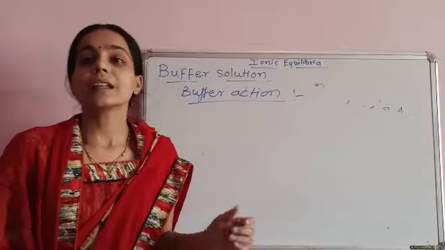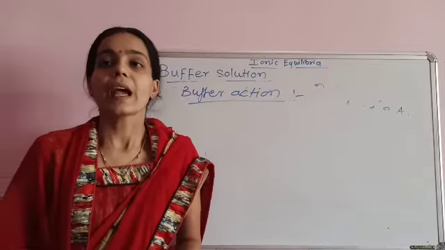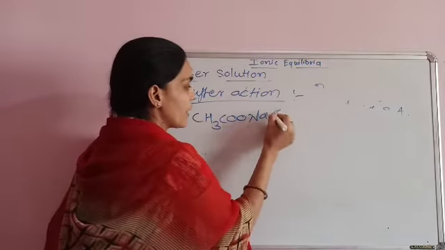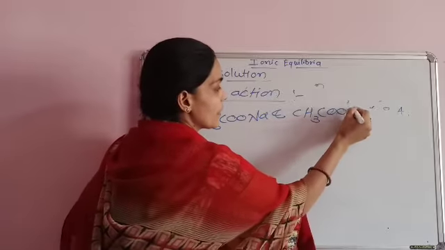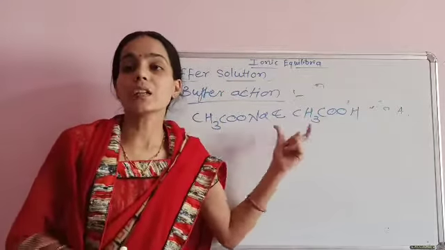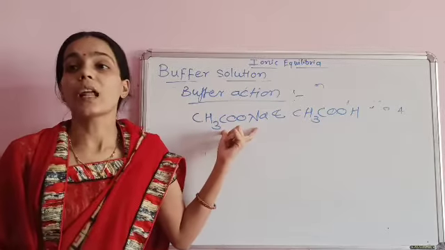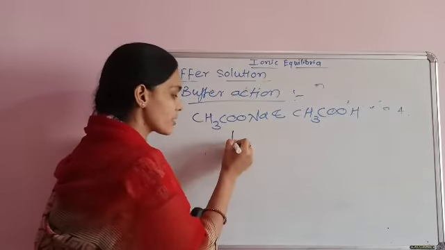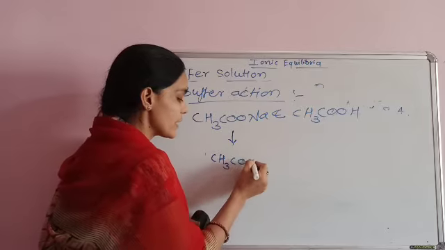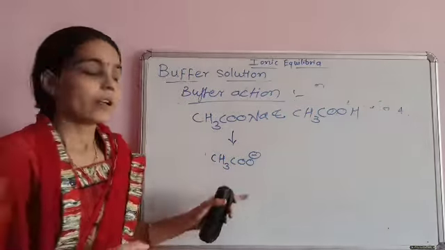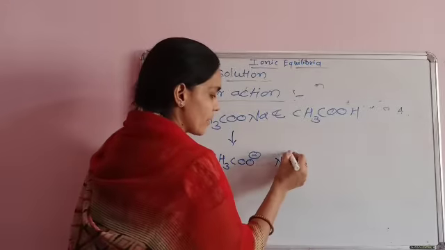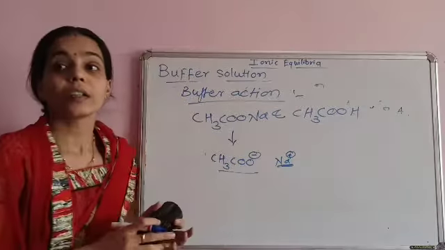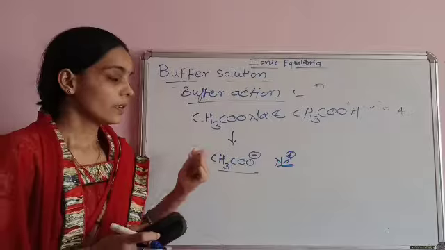Buffer action. Let us consider the sodium acetate and acetic acid buffer. Here sodium acetate is a strong electrolyte which dissociates completely in water, producing CH3COO minus ions and Na plus ions.